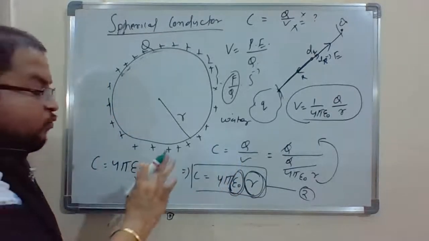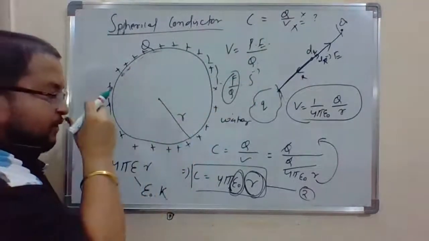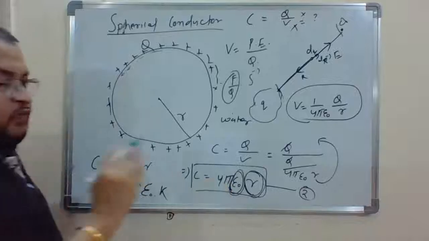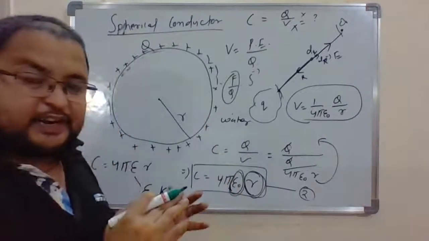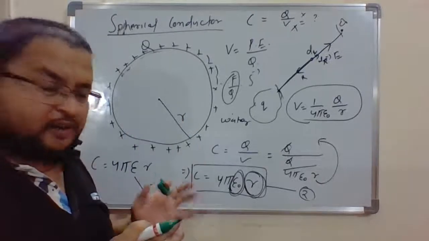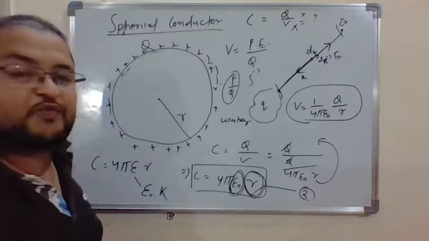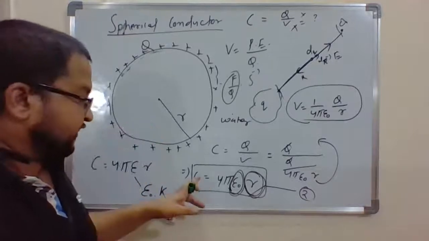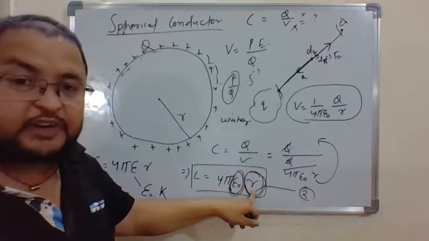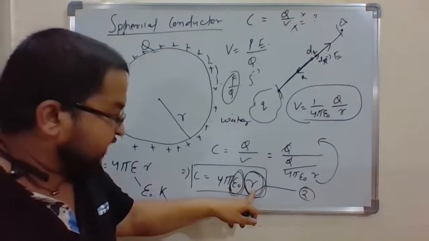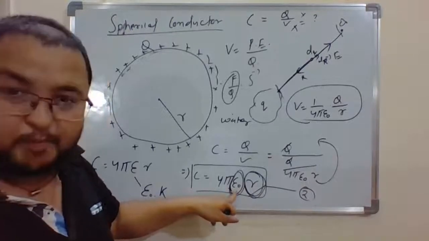What is the importance of the medium, we will see in an upcoming class. But remember, once a capacitor is created, its dimension is fixed, so its capacitance is also fixed. So capacitance depends only on the dimensions of the capacitor and on the medium.